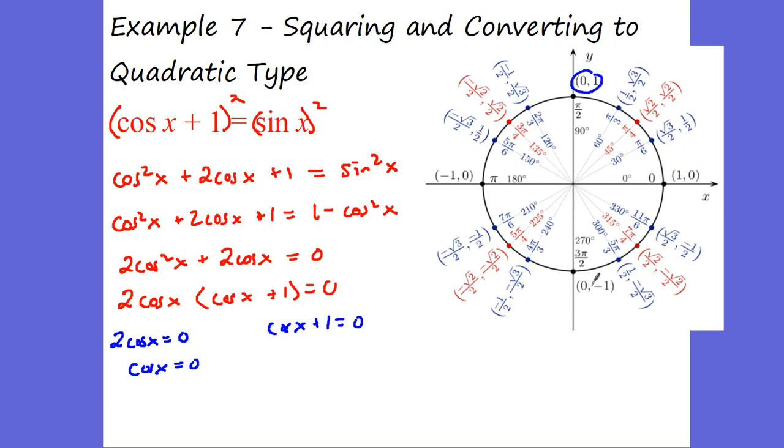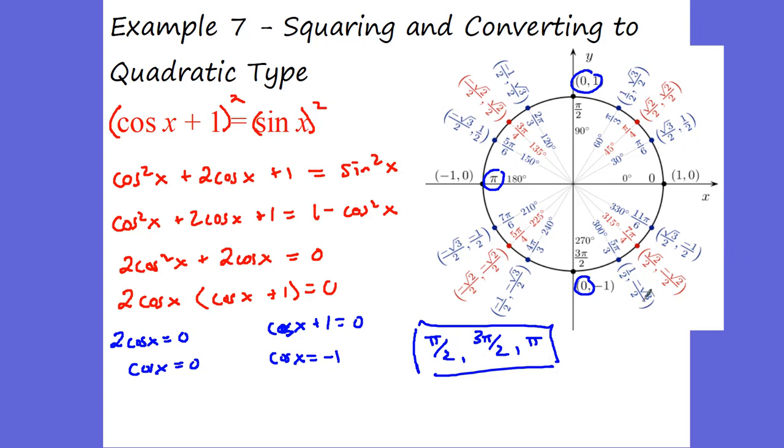It's pi over 2 and 3 pi over 2. And where does cosine of x equal negative 1? Well, that's at pi. So my 3 solutions for this are pi over 2, 3 pi over 2, and pi.